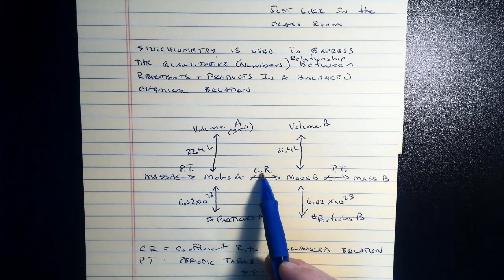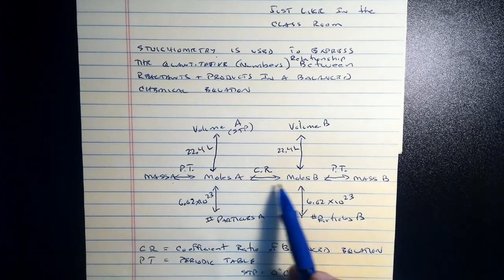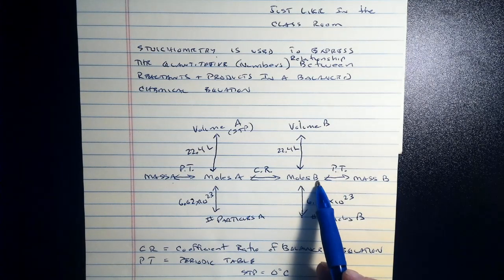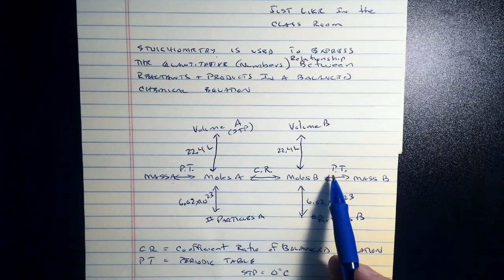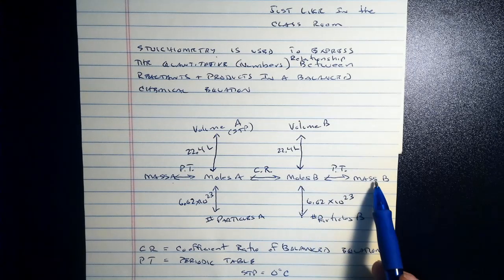So CR stands for coefficient ratio. You can convert from moles of one substance to moles of another substance, which we call moles B. Then you can use the periodic table again to convert to mass of B.